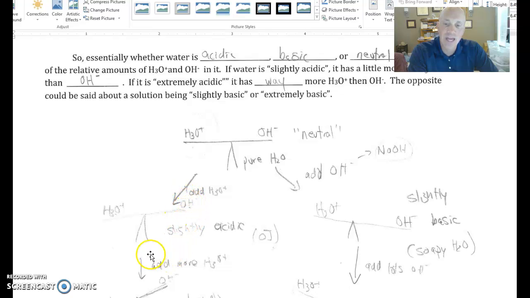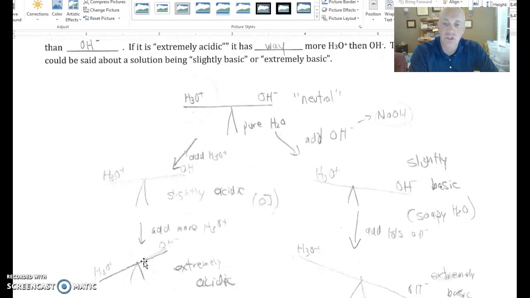Well, what would happen if we added a ton more acid, like a lot of hydrochloric acid? That would continue to add more and more H3O plus, and that would continue to get rid of some of the OH minus that would naturally be present. And you would consider that solution to be extremely acidic.